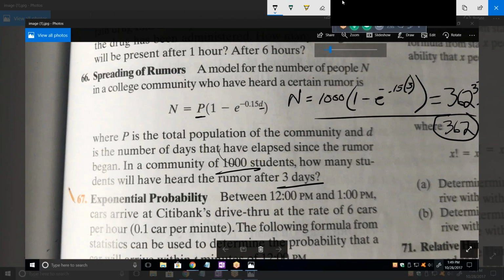When you're inputting stuff like that into your calculator, it's so easy to make a mistake that can make you off by a factor of 100. Just by excluding the negative sign there, you're going to get a completely different answer. So when I say a ballpark figure with this question, it better be less than 1,000. If we get any answer greater than 1,000, we've made a big mistake. So you want to look for those kind of things.